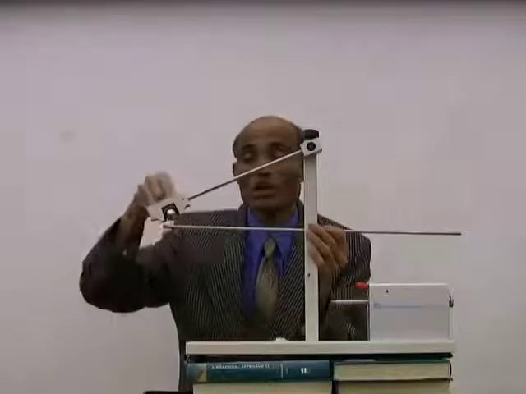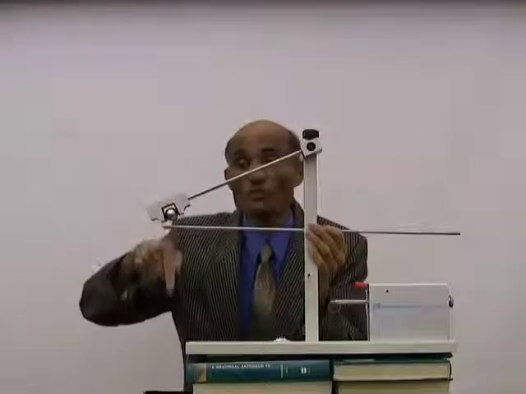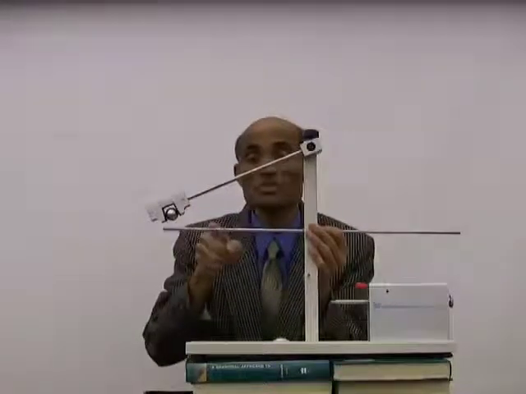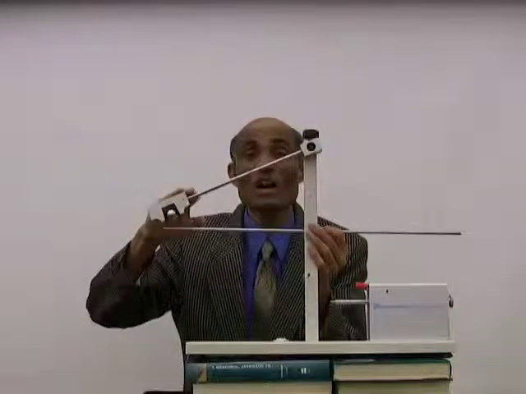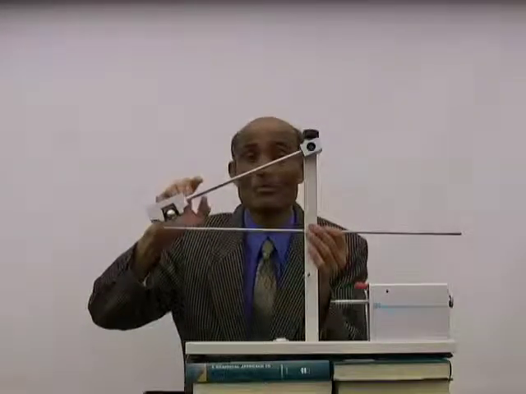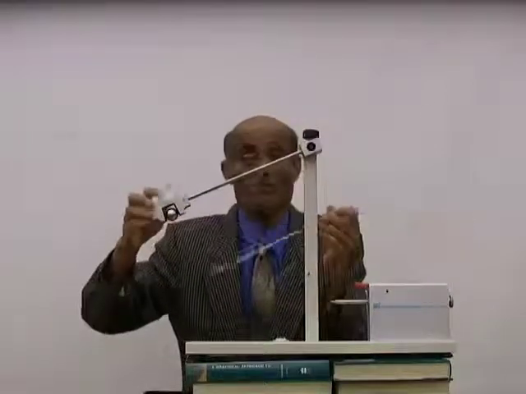Therefore, the torque will now be the force multiplied by r sine theta. If this is r, this distance will be r sine theta, where theta is the angle between the force and the r vector.